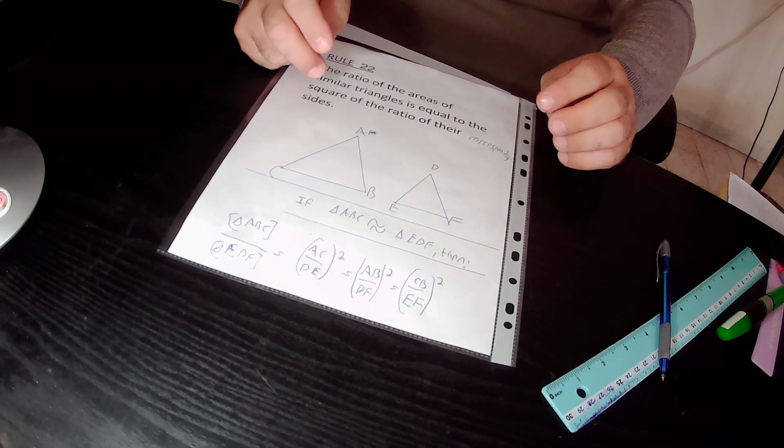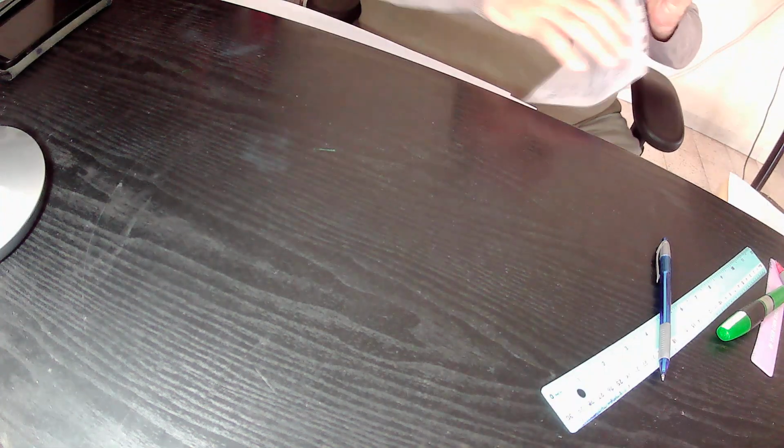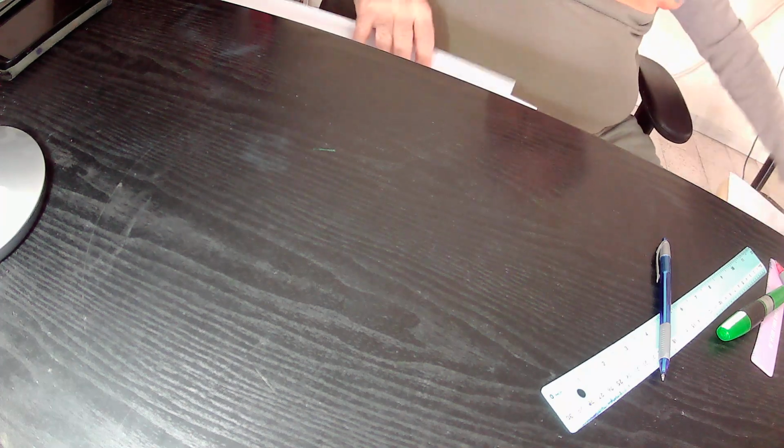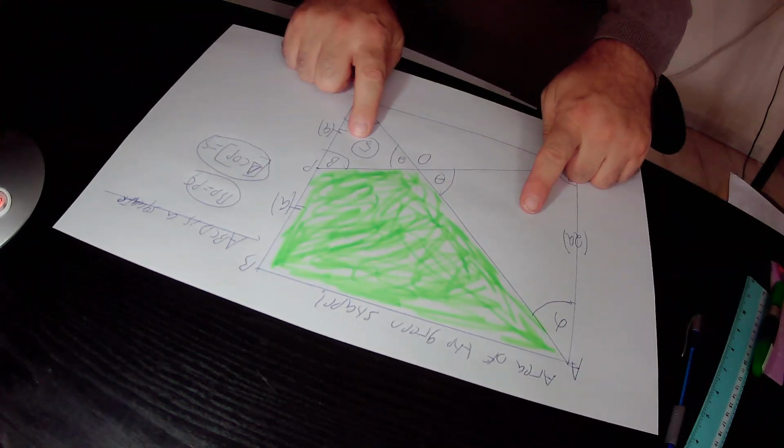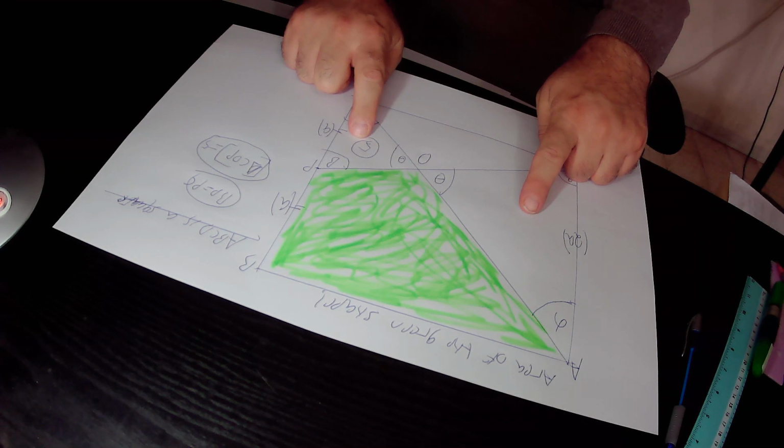So you can actually implement rule 22 in our drawing. We have already found out that those two triangles are similar to each other according to the angle similarity rule.